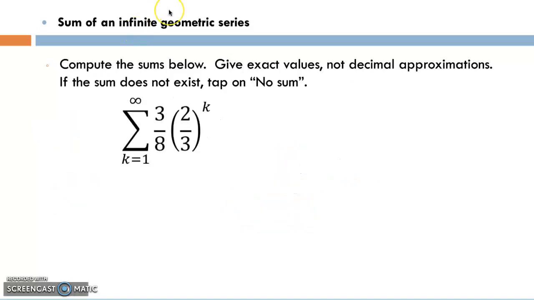So here we go. We have an infinite sum. On the previous video, we talked about the sum of the first n terms, or a finite sum, but now we have an infinite sum with this geometric series. So what we do with this is we're going to write the first few terms of this infinite series. We're going to have 3/8 times 2/3 to the k power, for k equals 1, which is going to give us 1/4.